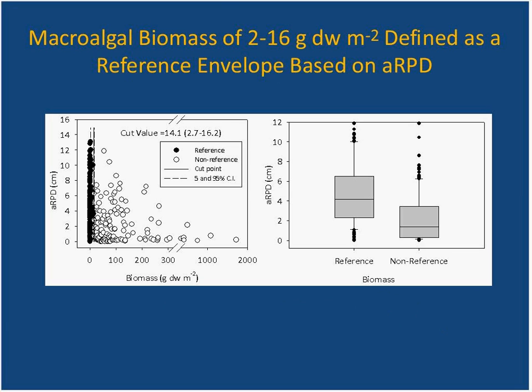Okay, so start with the reference versus non-reference. These are the step thresholds. Essentially, what we were able to identify is that algal biomass in the range of roughly 2 to 16 grams weight per meter squared was defined as a reference envelope based on ARPD.